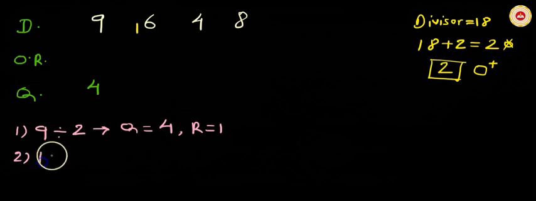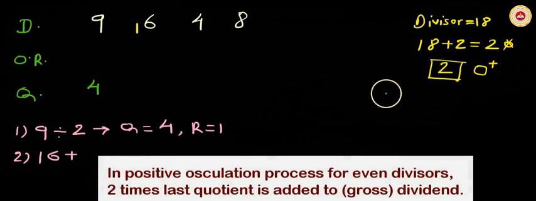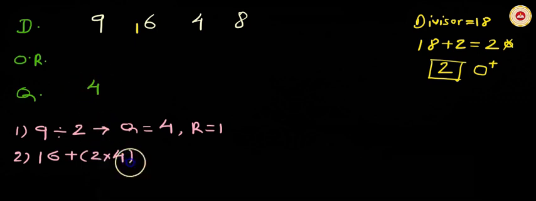See, 16 plus, as this is the positive osculator process, so add. Now what to add? 2 times the last quotient, that means the first quotient digit, which is 4. Okay, so 16 plus 8 is 24.